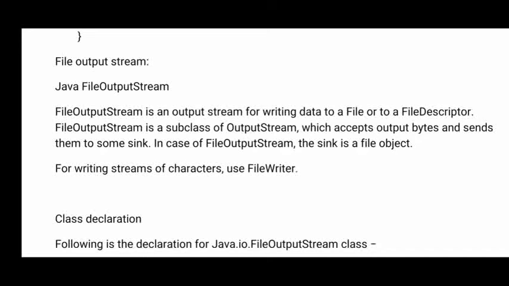Now see in the next line, file output stream is a subclass of output stream. Basically we have two types of stream only: one is the input and the second one is the output. So here file output stream is a subclass of the output stream, meaning we are getting file output from an output stream.